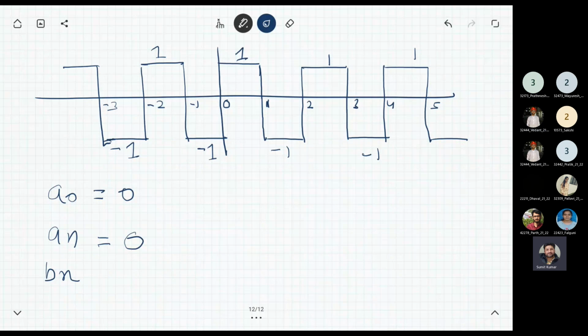You will have only the value of bn. So calculate the value of bn.